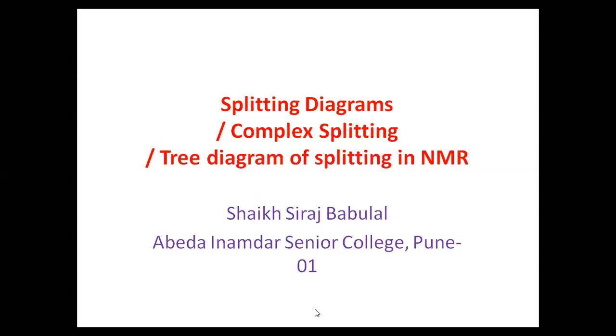So, splitting diagram, or complex splitting, or tree diagram of splitting in H1 NMR. In NMR you are getting signals with splitting like a doublet, triplet, doublet of doublet, and a doublet of quartet. If the adjacent environment is the same, then you get splitting according to the n+1 rule, correct?